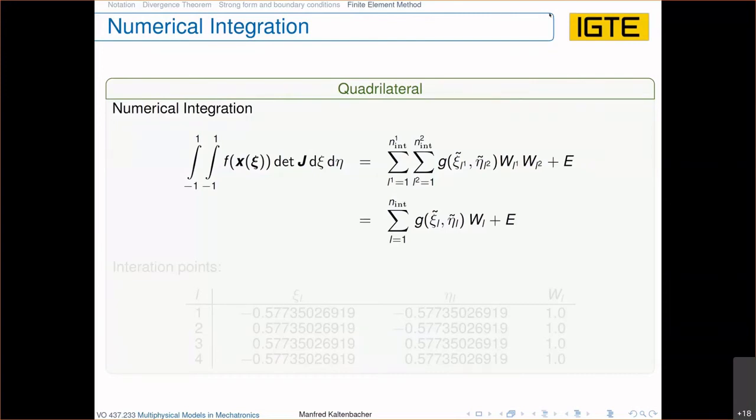That is why we also have this e here, where you perhaps make the error. But what you can do, you can combine this double sum into a single sum and evaluate your function at specific locations within your element. And these locations are as follows.